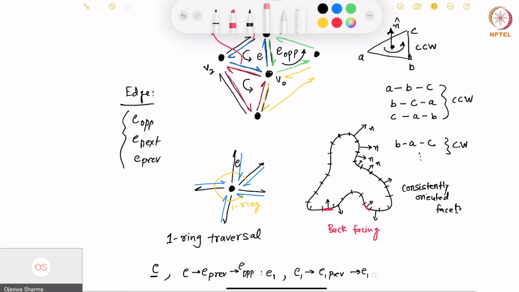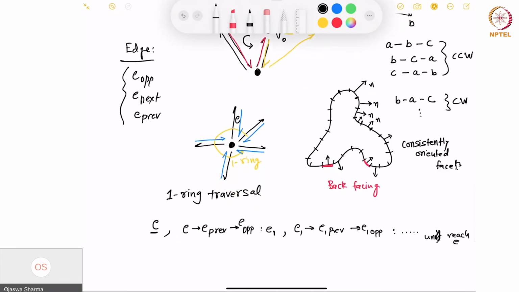There are some assignments here, but if you want, I can explicitly write it up for you. And then you keep doing it until you reach E. So it's a while loop. Until you get back the pointer E, you keep on doing E previous, then opposite. And that's going to do one ring traversal.